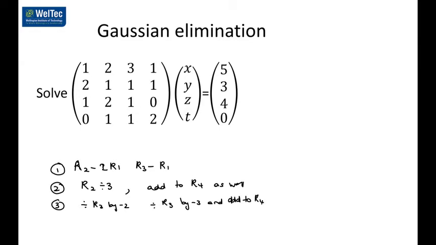And then we should have ended up with 1, 2, 3, 1, 0, 1, 5/3, 1/3, 0, 0, 1, 1/2, and 0, 0, 0, 2.